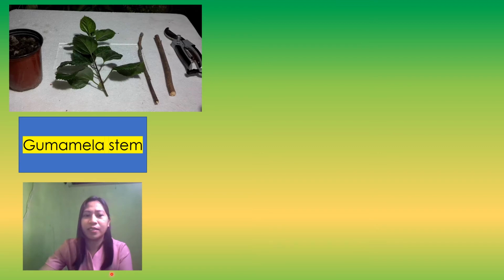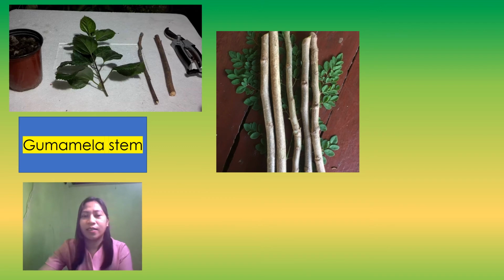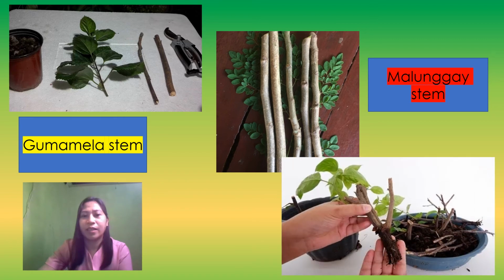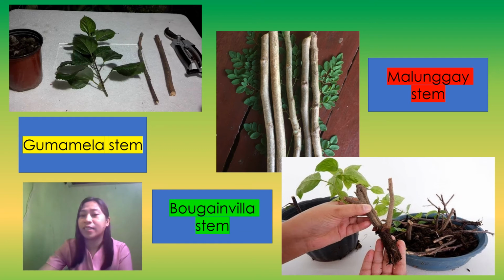Okay, here is the stem of a gumamela that is being cut. Next is a malunggay plant. All right. And the last one is a bougainvillea stem. Okay. So these plants use their stems in growing their own kind.